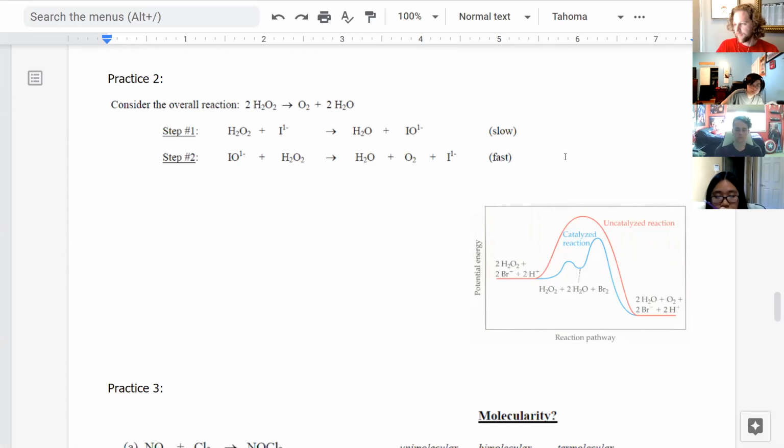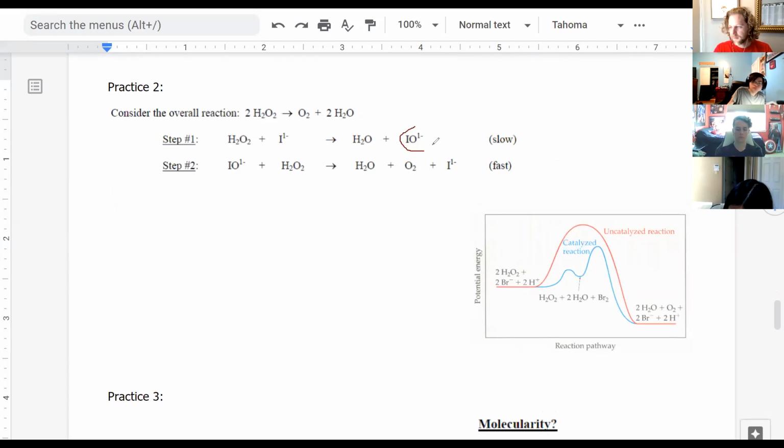Perfect. IO. In binary, that probably means something. IO is the intermediate. It is produced in the first step, and it is a reactant in the second step.